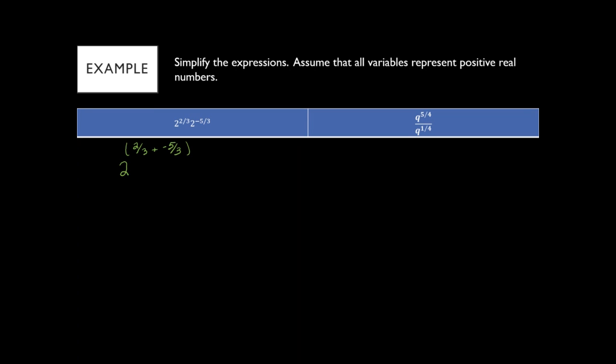When you have fractions, it starts to look a little messy. This is where having a calculator that does fractions can make things easy, because you can just use the calculator rather than trying to get a common denominator. But we have a common denominator here, so we can just add them. 2 plus negative 5, adding the tops, is the same as 2 minus 5. So that gives us a negative 3. So this is equal to 2 to the negative 3/3 exponent.